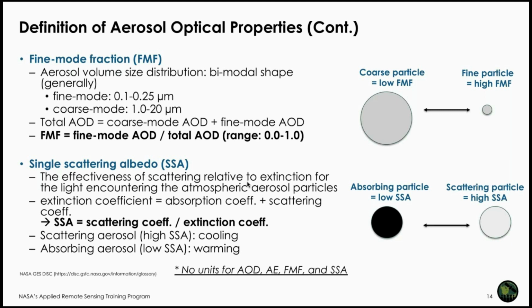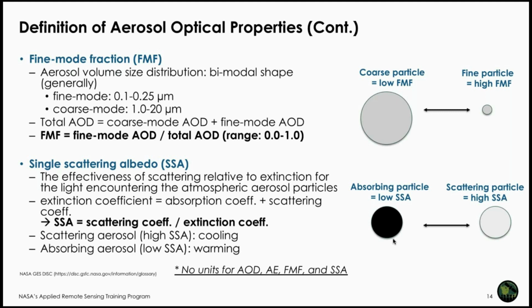So single scattering albedo is defined as the scattering coefficient divided by the extinction coefficient. We can see this in the right figures. Absorbing particles show low single scattering albedo, like black carbon. It absorbs more light, so if there are many absorbing particles, the atmosphere warms.